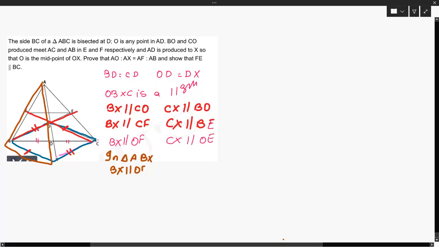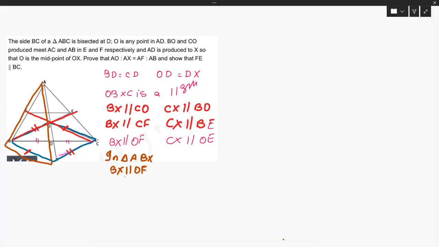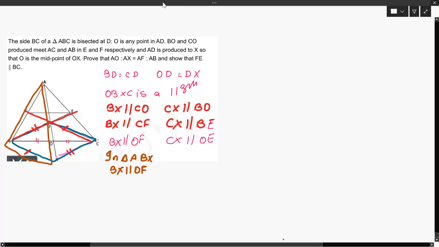Do you remember that theorem when two lines are parallel? In a triangle, when a line in between the triangle is parallel to one side, then the sides are divided proportionally. Which theorem is that?